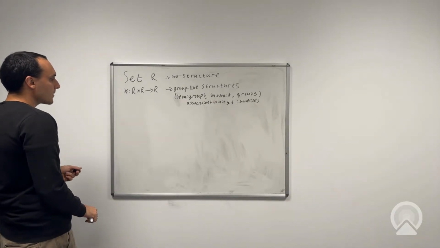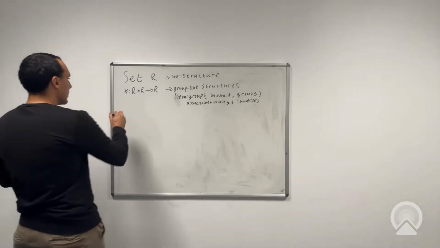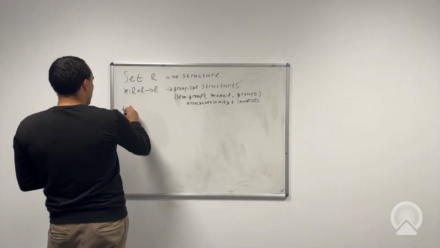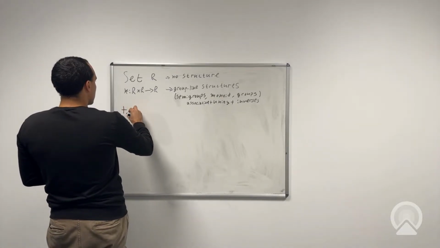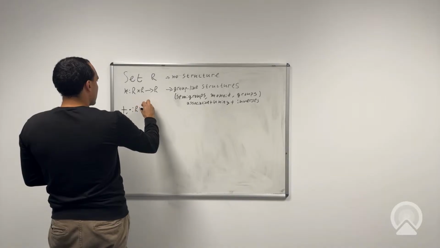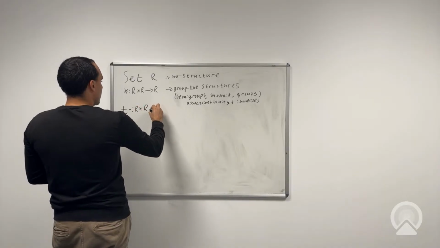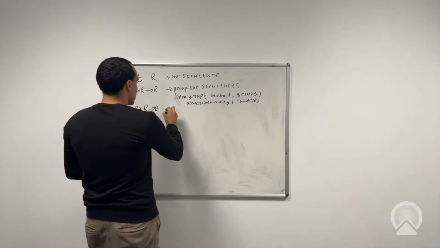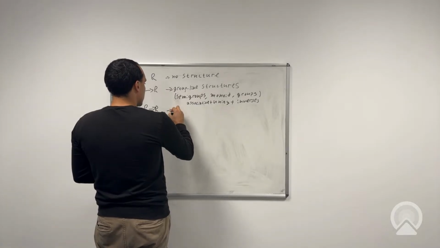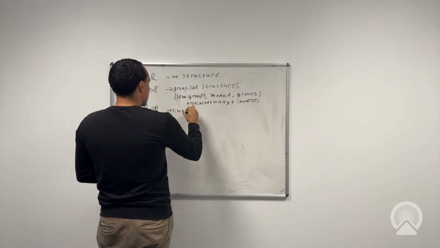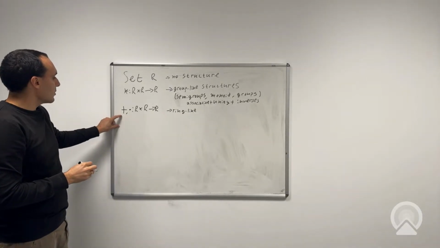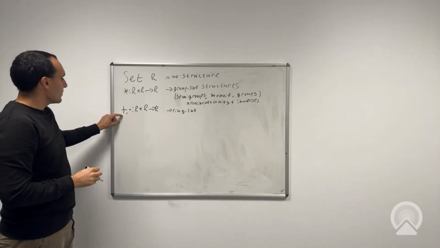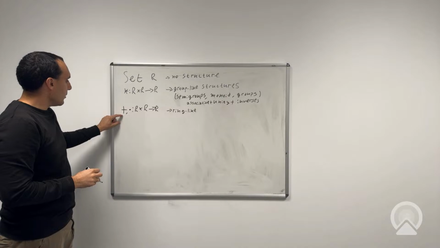Then I moved to ring-like structures. Ring-like structures have two operations. Let's call them plus and product, from R times R to R. The addition gives an abelian group.